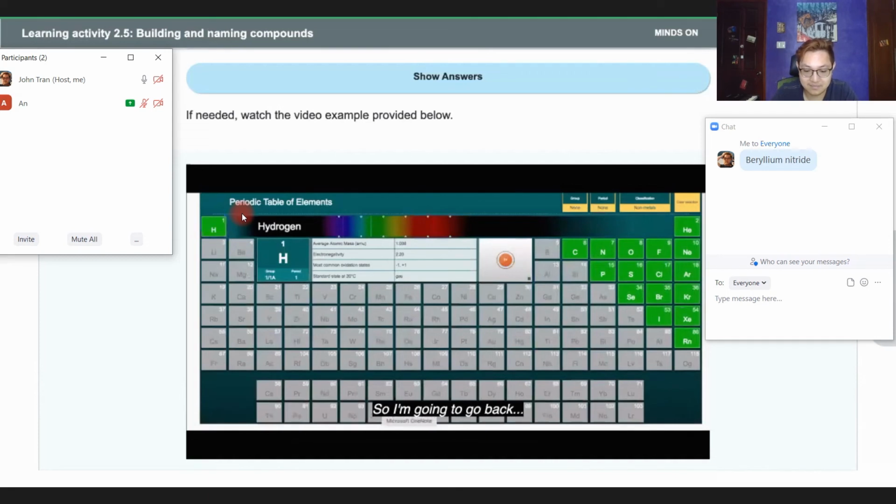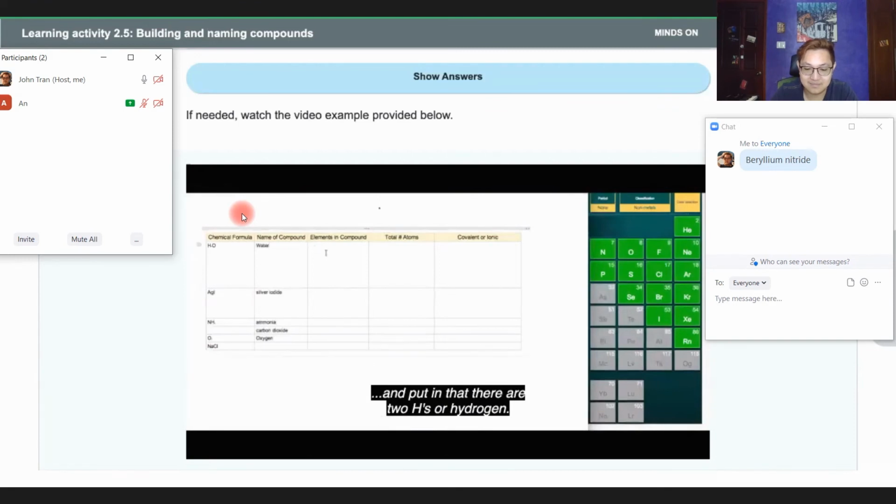So I'm going to go back and put in that there are two H's, or hydrogen, and that there is one O, or oxygen. Okay, so there are those elements. And then the total number of atoms in this compound: the two hydrogen plus the one oxygen is 3.